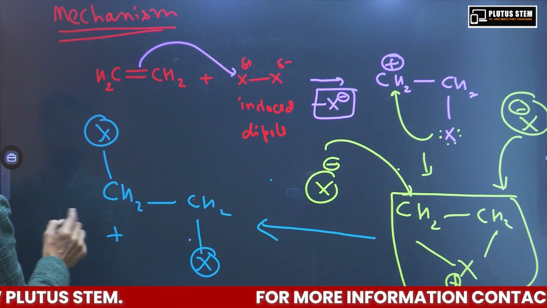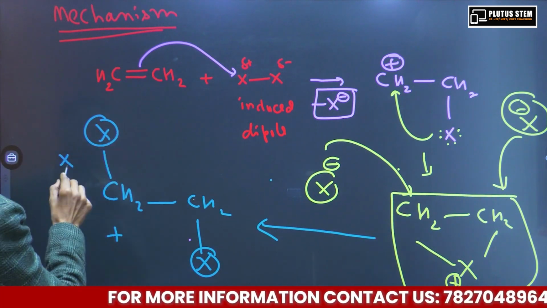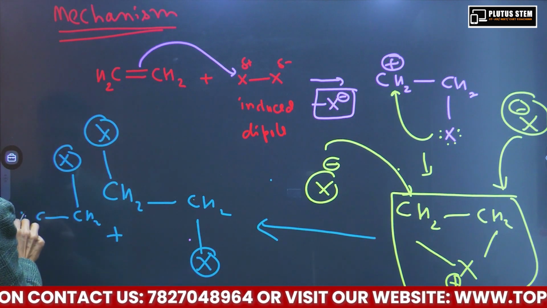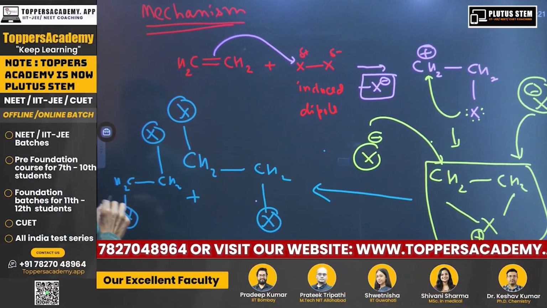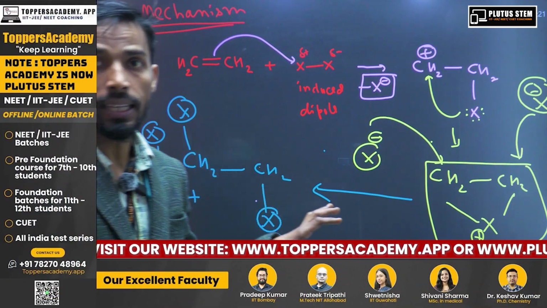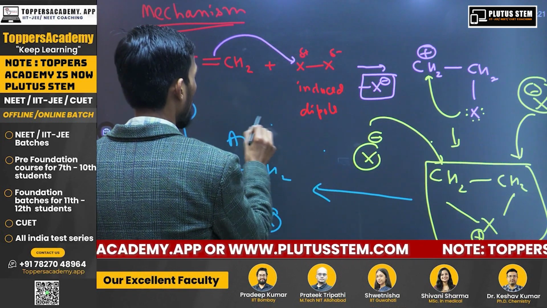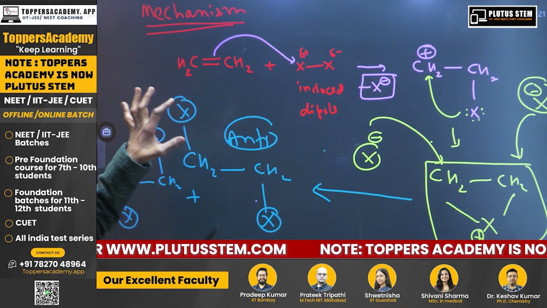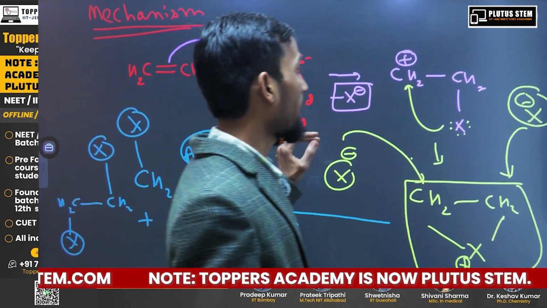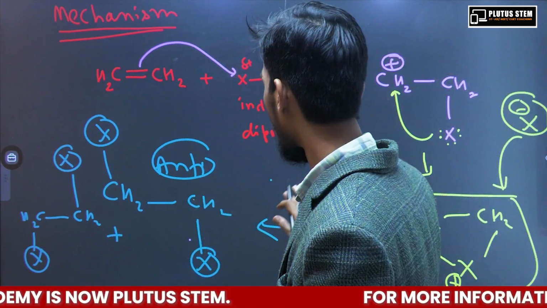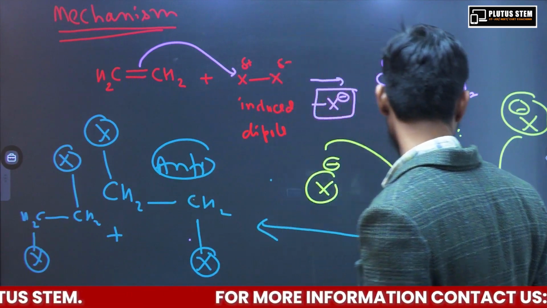The overall thing is anti-addition: both halogens should be anti to each other. The mechanism follows in that way.